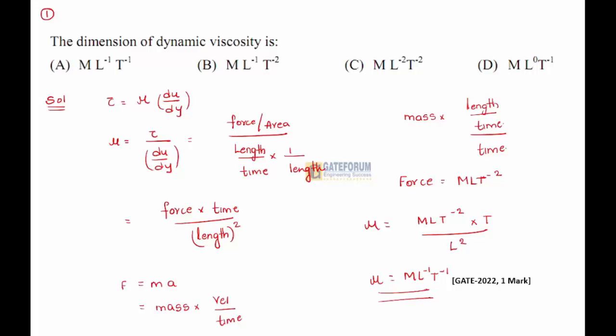That is, option A will be the appropriate right answer for the given question. Hope you people have clearly understood. Very easy, simple question, 1 mark question, most of the times asked in your competitive examinations. Moving on to the next question.